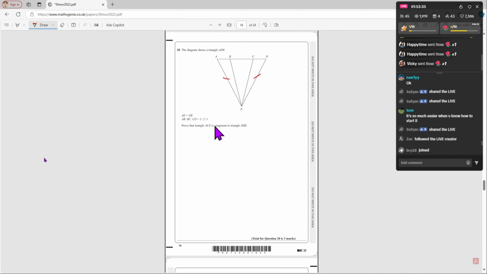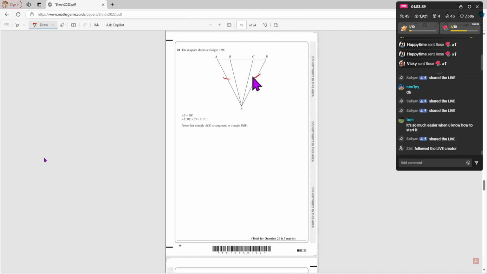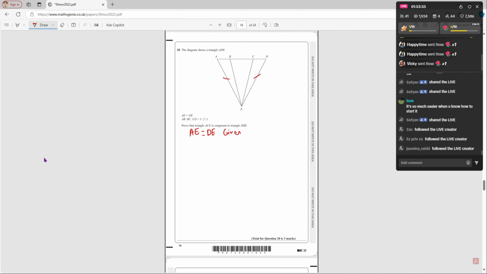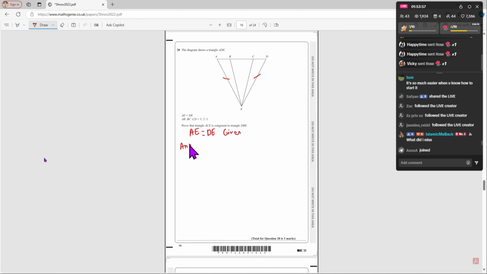So what we're going to do, first of all, we know that this is going to be an isosceles triangle. Since AE and DE are equal, given in the question, we know that angle BAE is going to be equal to angle CDE.